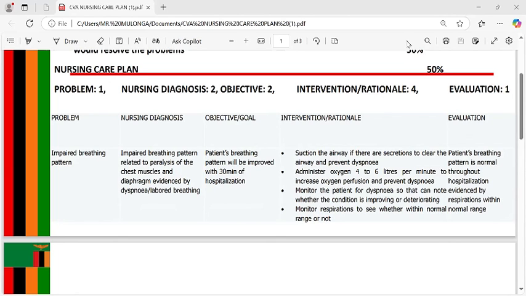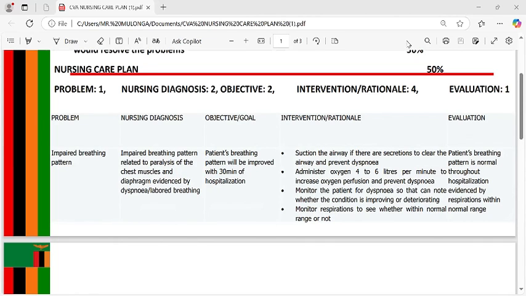From there, we go to the third point. I will administer supplementary oxygen, 4 to 6 liters per minute, to increase oxygen perfusion and prevent dyspnea.